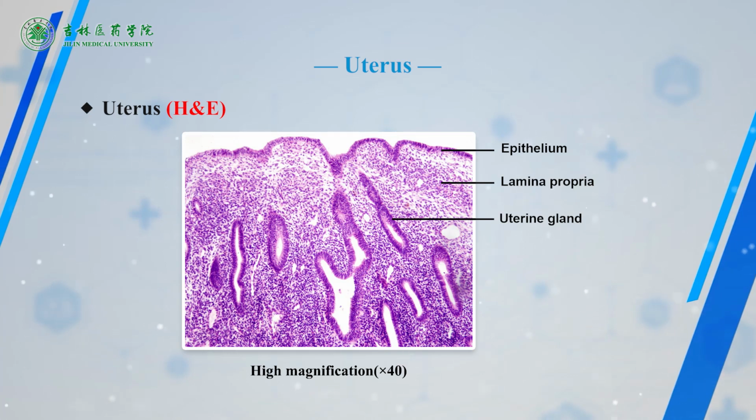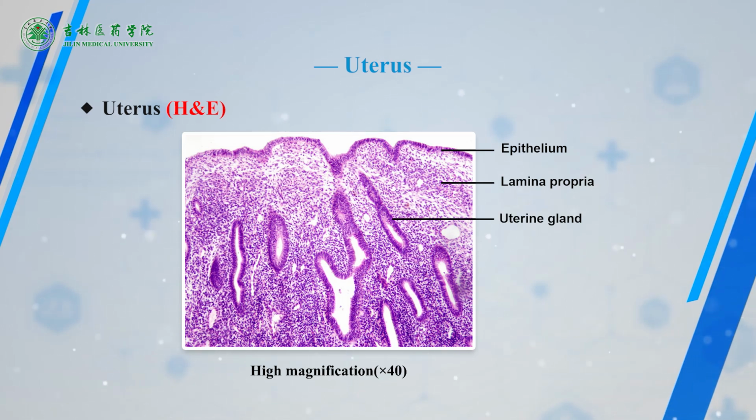The basal layer is thinner and connected with the muscle layer. It contains the tortuous uterine glands, which appear at cross and oblique sections. The connective tissue is relatively small in amount.